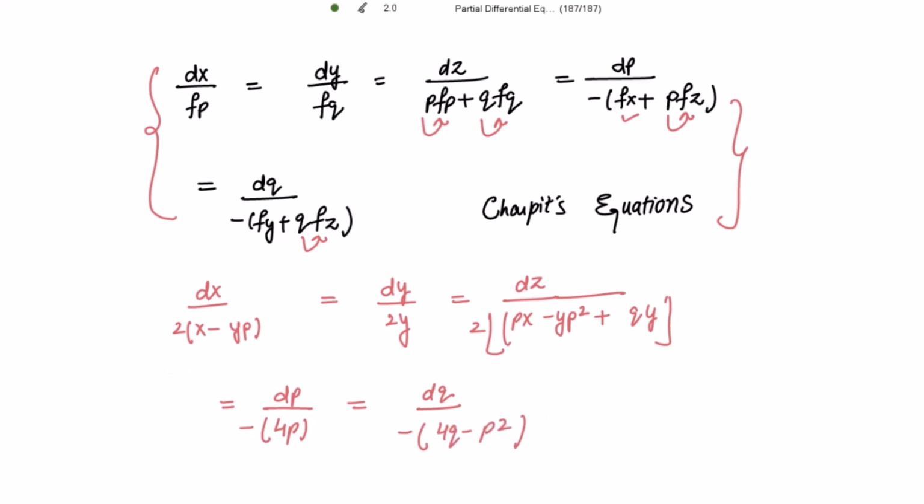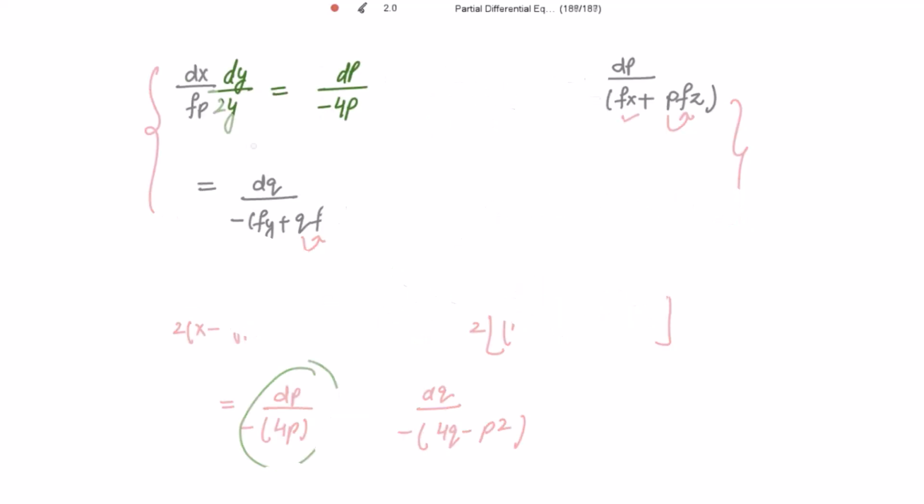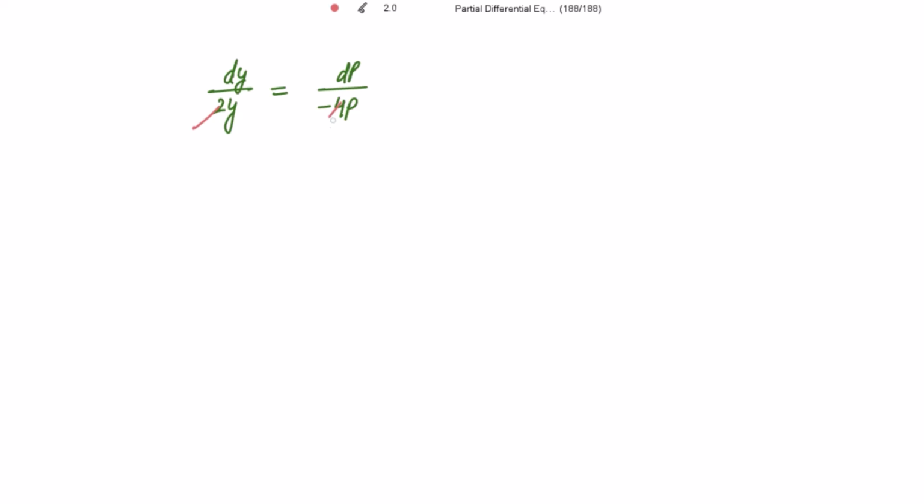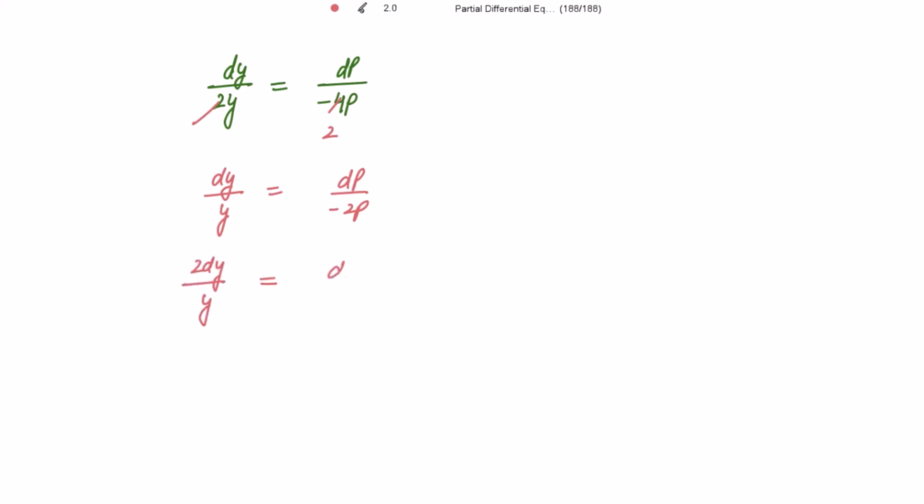And now I'm going to choose this ratio, equating this with this ratio, to get the value of p. So from here I'm going to cancel this. This is minus 2p now, and taking this 2 to the other side, it equals dp divided by p with negative sign.